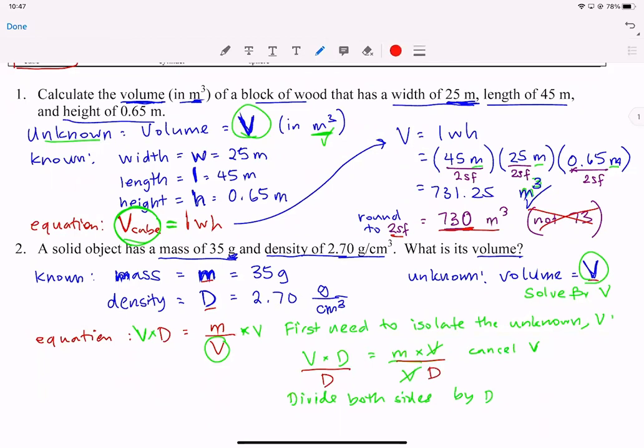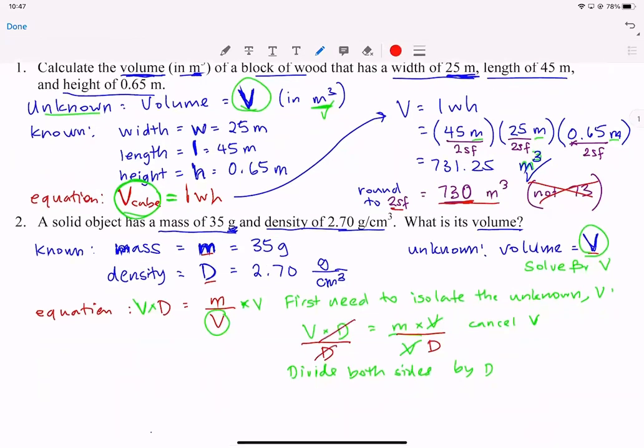And what this will give me is I'll be able to cancel that out. The D next to the V, which is the goal, is to isolate V, have it by itself on one side of the equal sign. And then what is left is that's crossed out. That's crossed out. What's left is this M over D. Okay, so what I did was I made sure that V is isolated. It's by itself on one side of the equal sign.